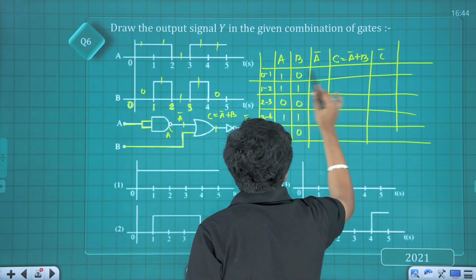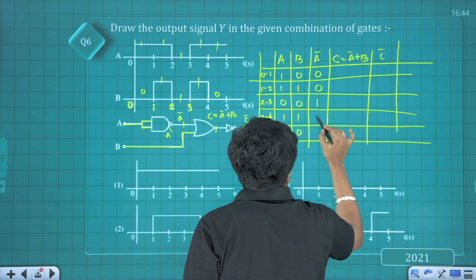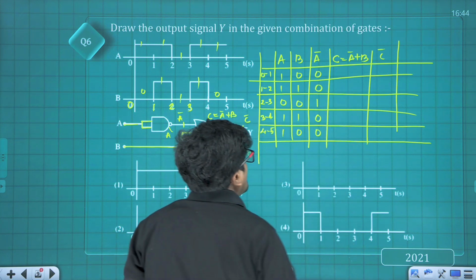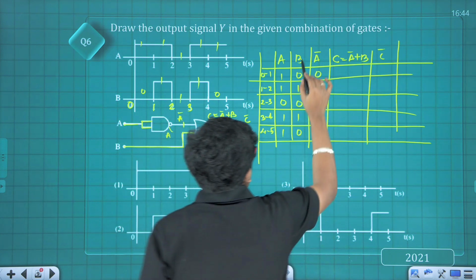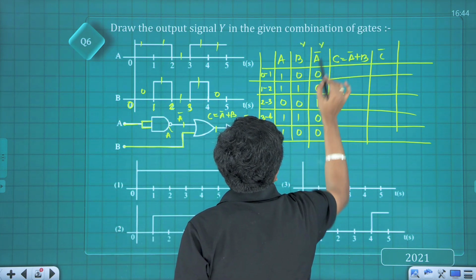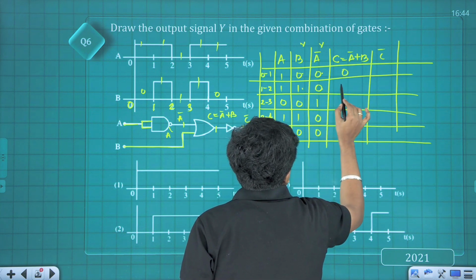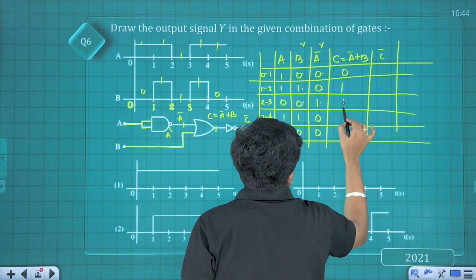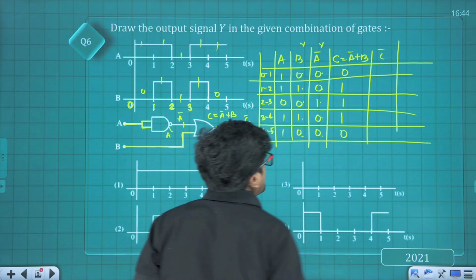So it's A bar first, so it needs to be 0 0 1 0 0. Next is C, which is A bar plus B. A bar plus B means here 0 plus 0 is 0, 1 plus 0 is 1, 0 plus 1 is 1, 1 plus 0 is 1, 0 plus 0 is 0.